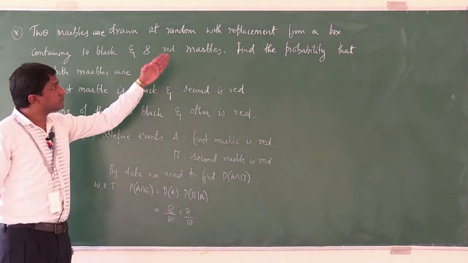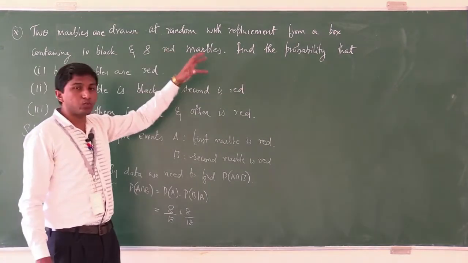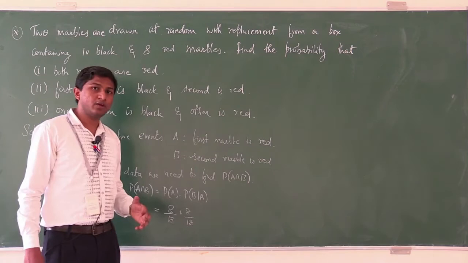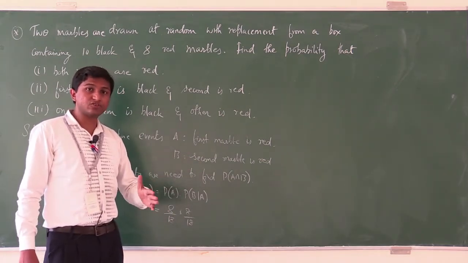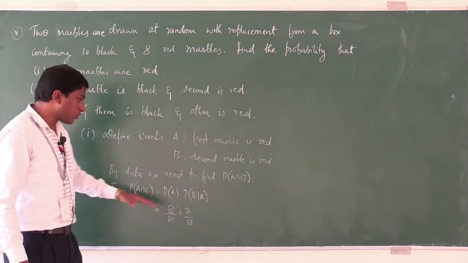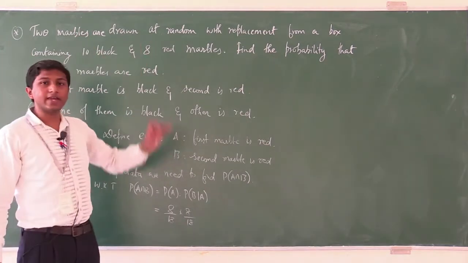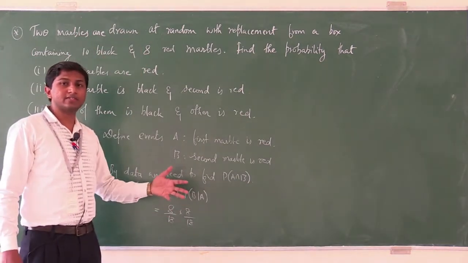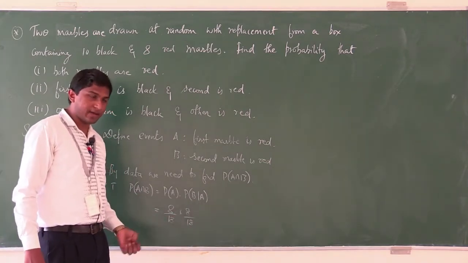But the random experiment is such that you are doing it with replacement. So basically it does not change anything. The second trial is very much similar to the first trial. So you have 18 marbles total, out of which 10 are black, 8 are red. Hence the probability is again 8 by 18.